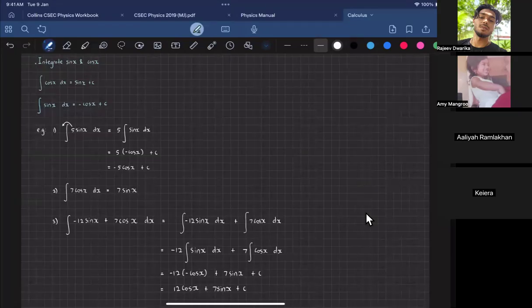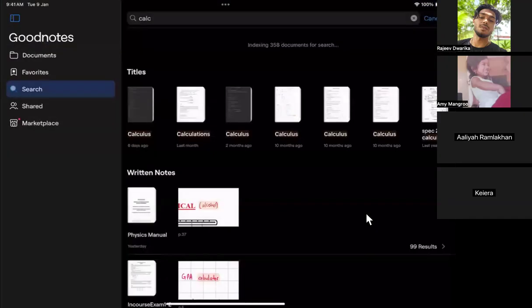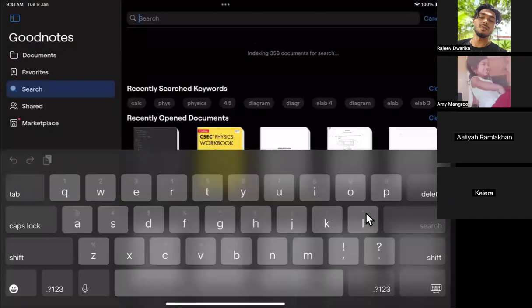Oh, I made a mistake when I was writing the question. It's supposed to be cos 3 theta, not 3 cos theta. So I'll fix that one time.